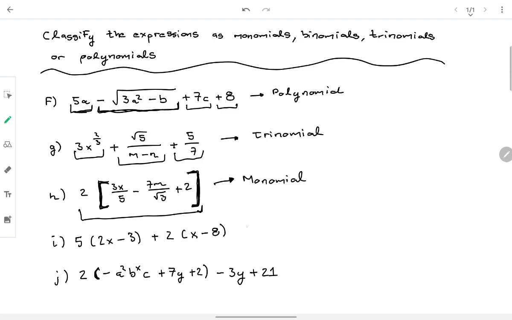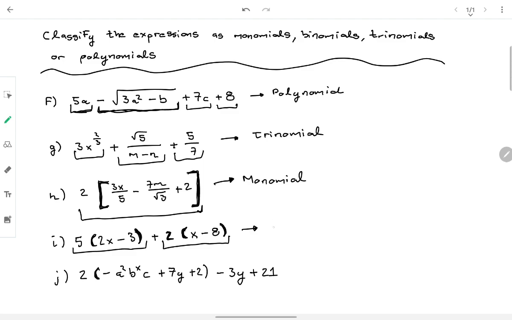The next one can also get a little bit tricky because this is inside a parenthesis, so it's a monomial. If it's multiplied by a number, it stays as a monomial. The next one is also in parentheses, so it's a monomial. If it's multiplied by a number, it stays a monomial.